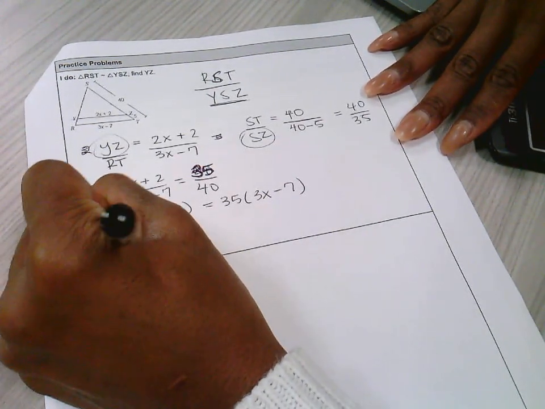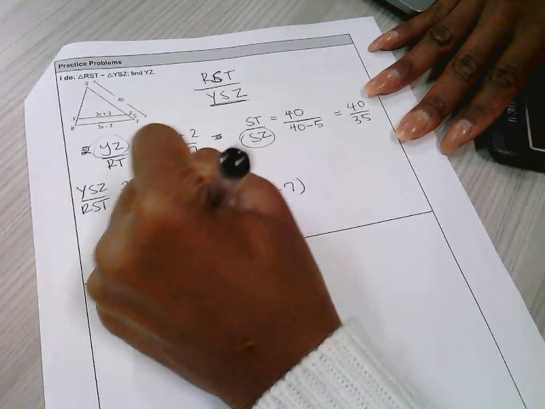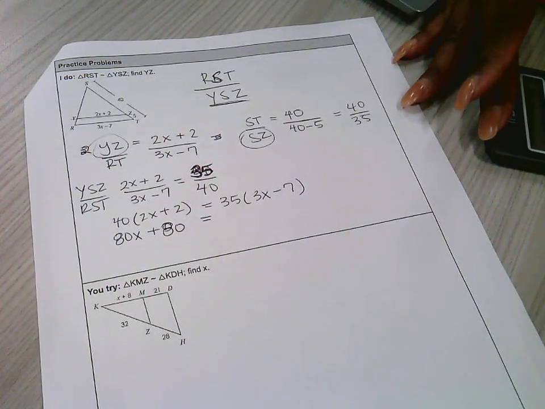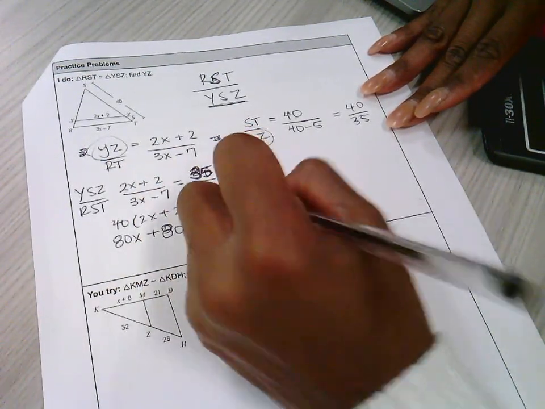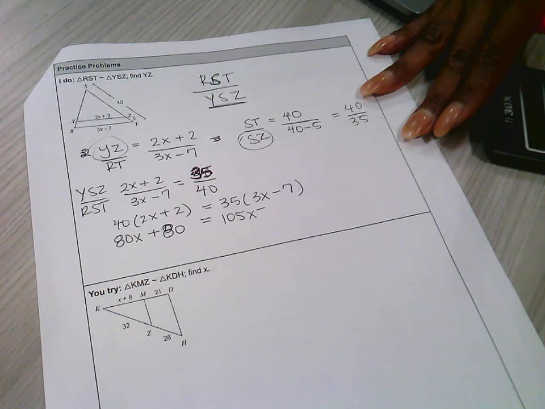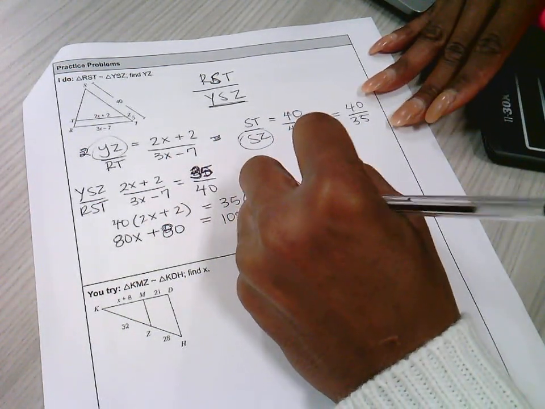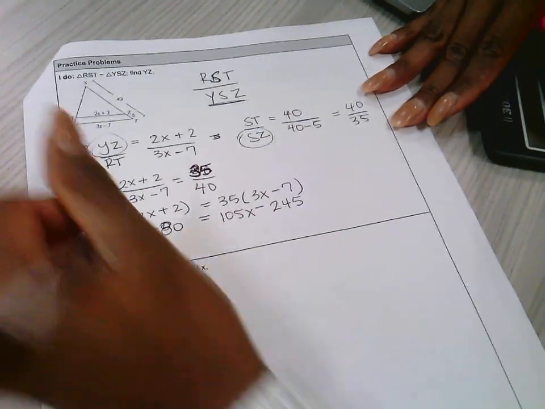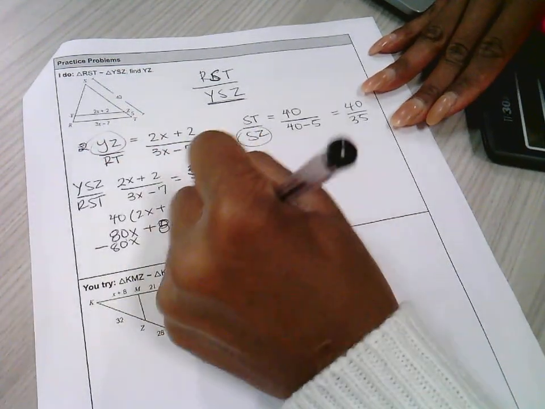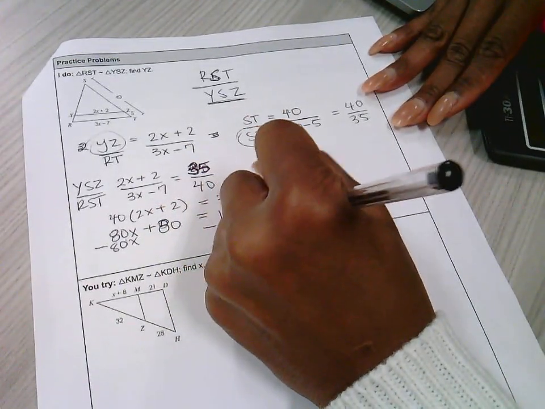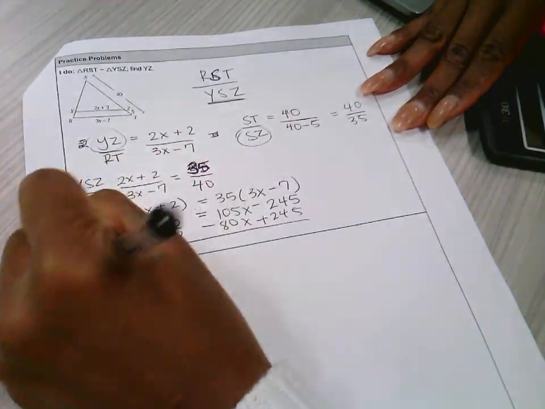And we get 80x plus 80 is equal to 35 times 3, which is 105x, minus 35 times 7, which is 245. I'm going to subtract 80x, add 245, plus 245.